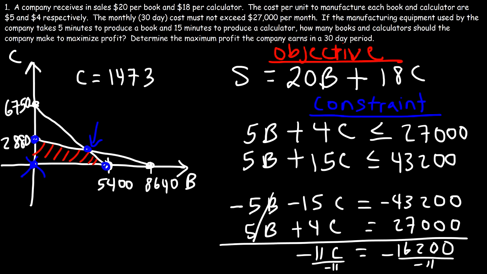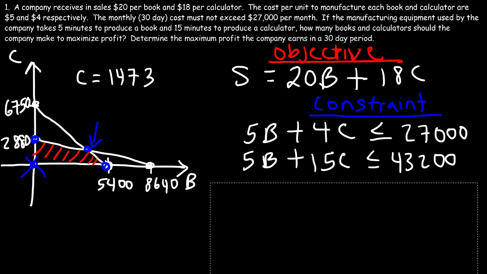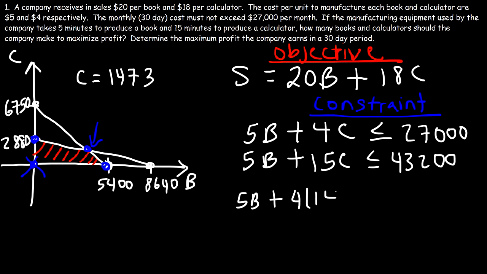Now let's calculate the number of books. So I'm going to use the first equation. And let's replace C with 1473. So 27,000 minus 4 times 1473.